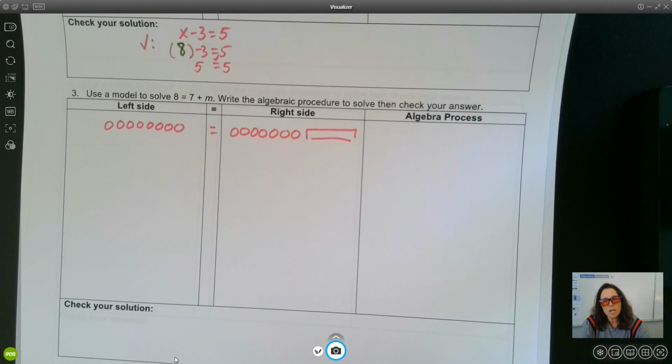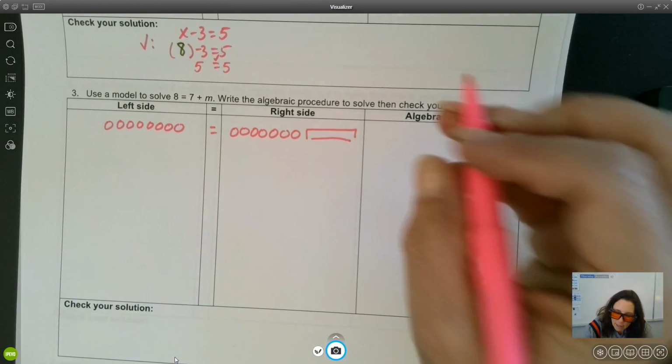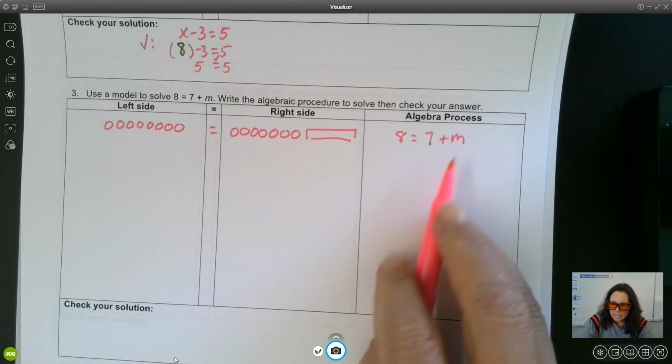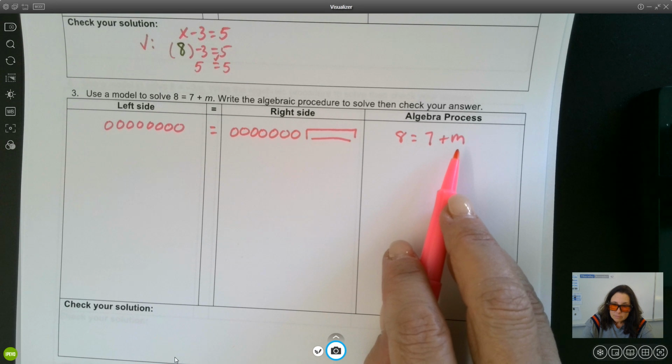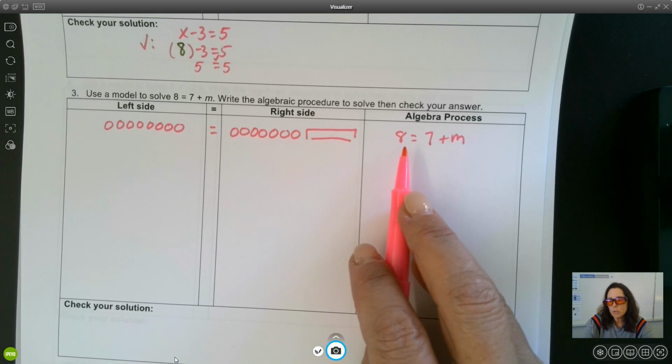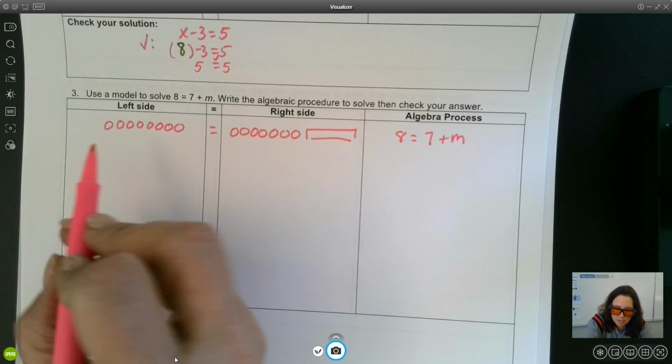That tile could be any letter. Usually it's an x, but it could be an m. In this case, it's an m. We know from second grade, 7 plus 1 is going to get us 8. We know the answer is going to be 1, but it's about this modeling process.